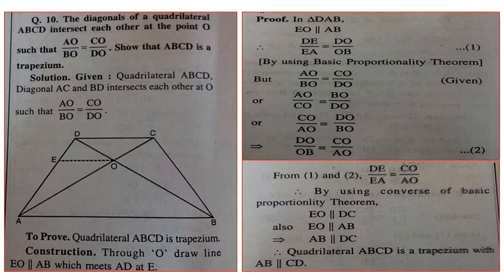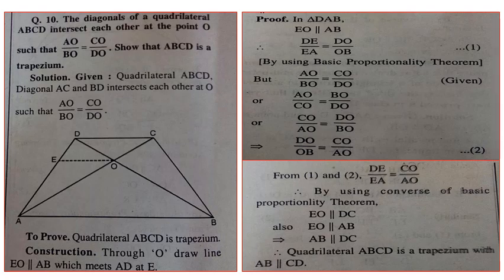But in the question it is given that AO by BO is equal to CO by DO. By rearranging this, we get AO by CO is equal to BO by DO. Then by taking reciprocal, we get CO by AO is equal to DO by BO. That is equation number 2.